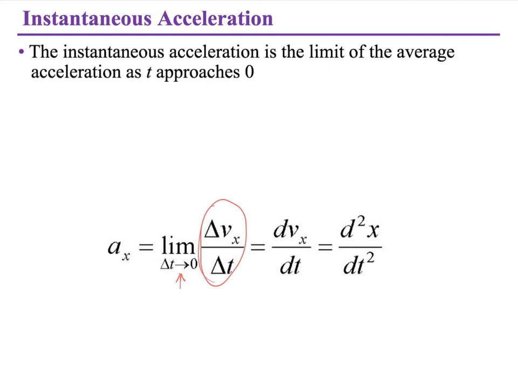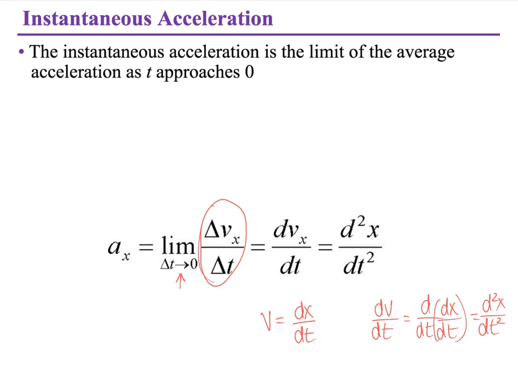Because velocity is the derivative of position with respect to time, when we take the derivative of velocity, we are really taking the second derivative of position. Acceleration is measured in meters per second over second, which is meters per second squared.